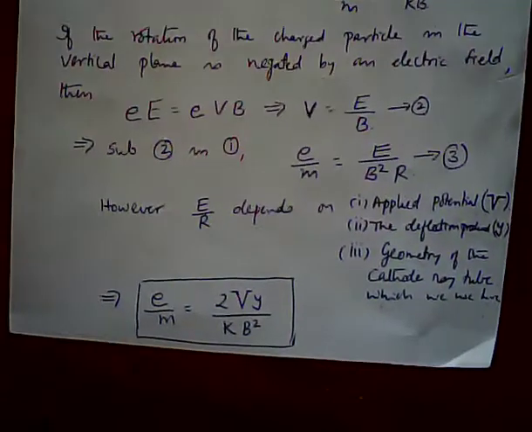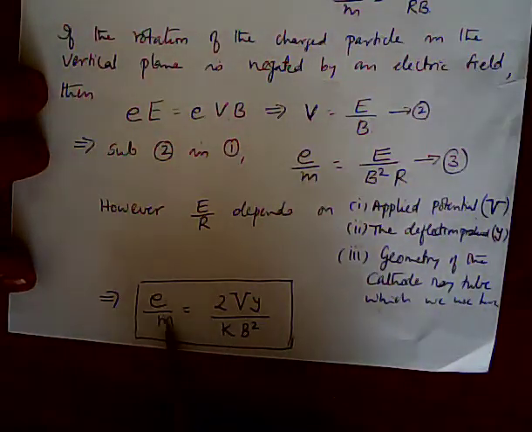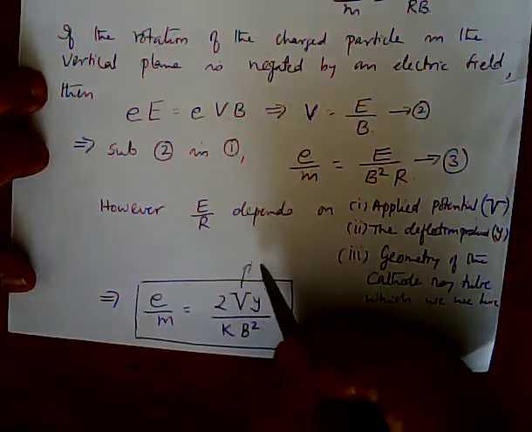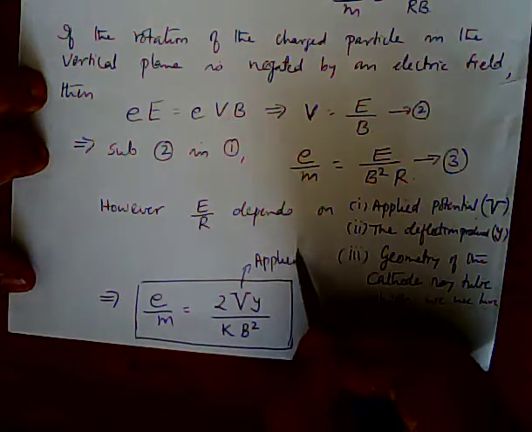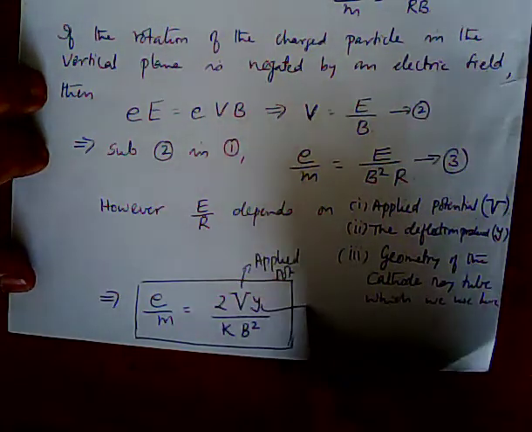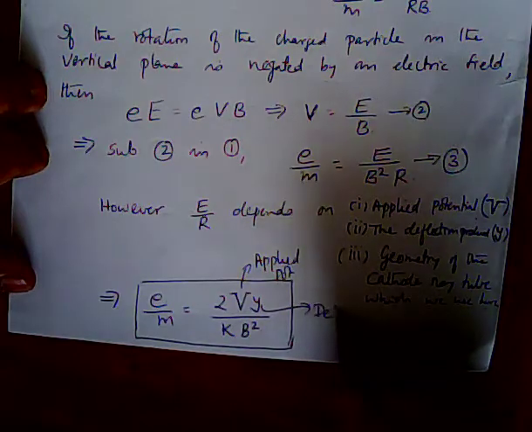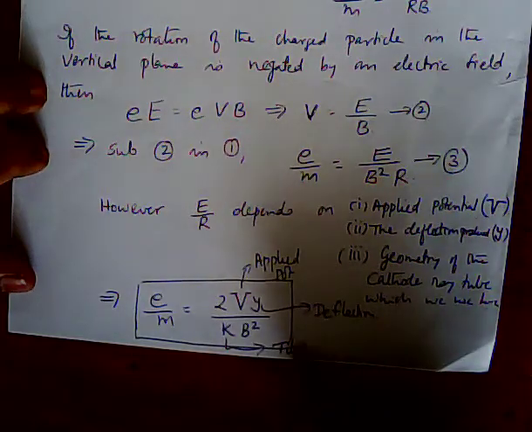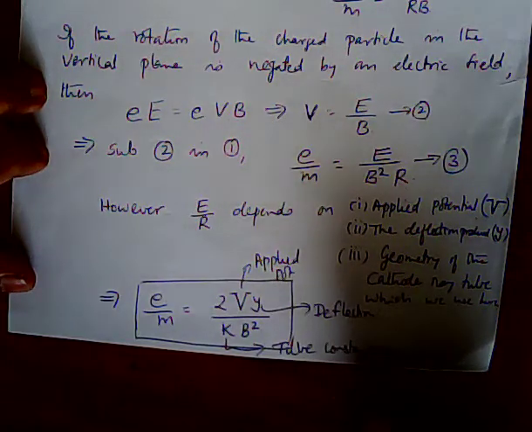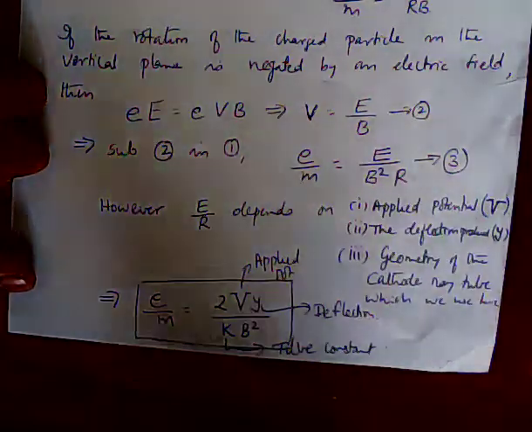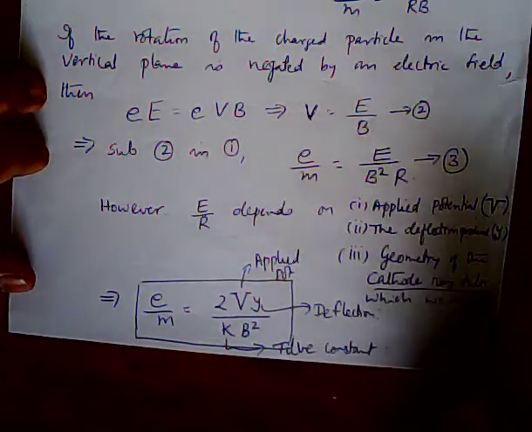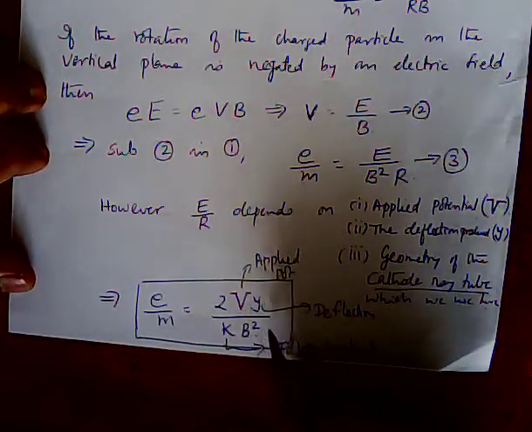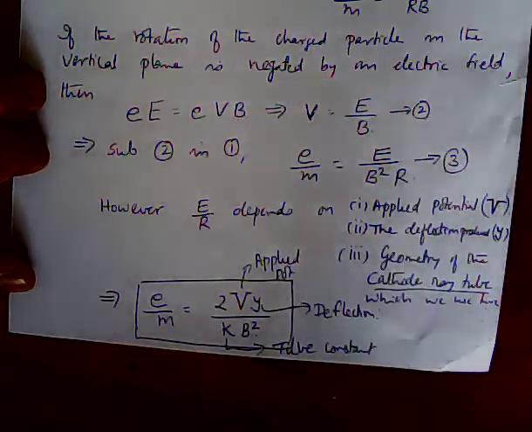you will finally end up getting the result e by m is equal to 2 times V, where this V is the applied potential, and this Y is the deflection produced, and K is the tube constant, which will be unique for a particular CRT or cathode ray tube which we will be using, and B is the magnetic field in which this particle is moving.